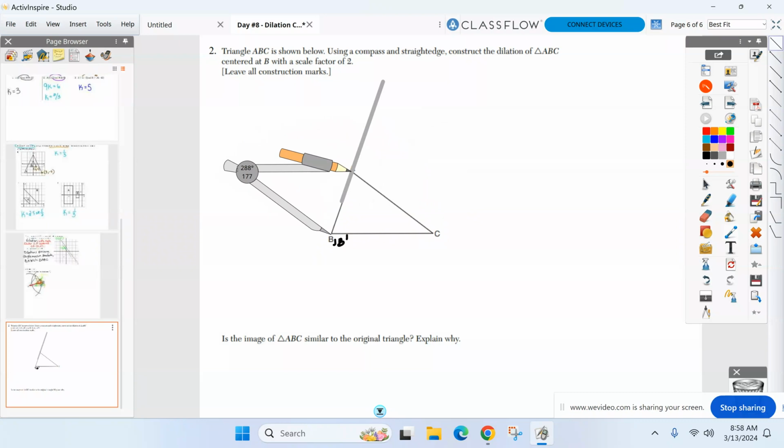Thoughts on how I can double it? Move it up to point A. There you go. I just doubled it. It was from B to A. Now I'm going from point A, and I'm going to mark wherever A prime will be. I got further away, doubled that distance. There it is. There's A prime.